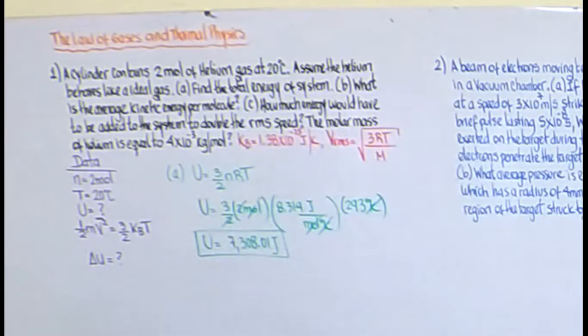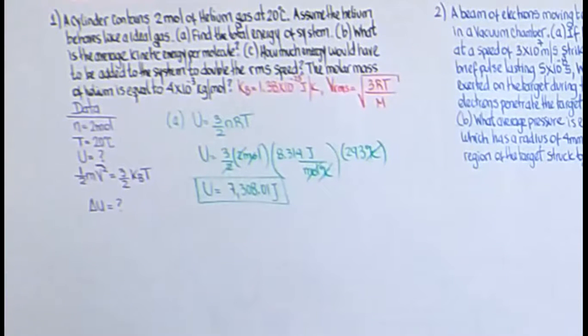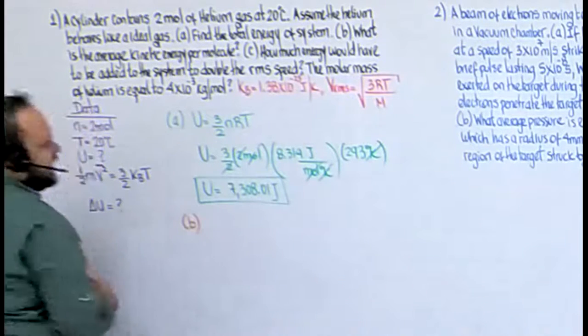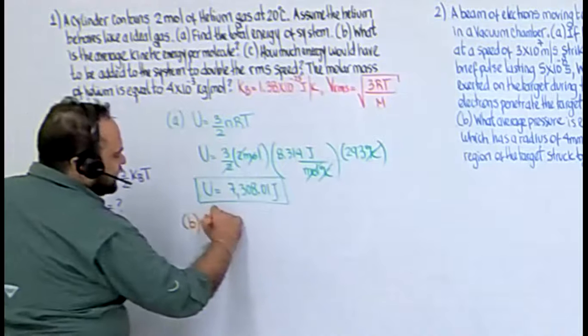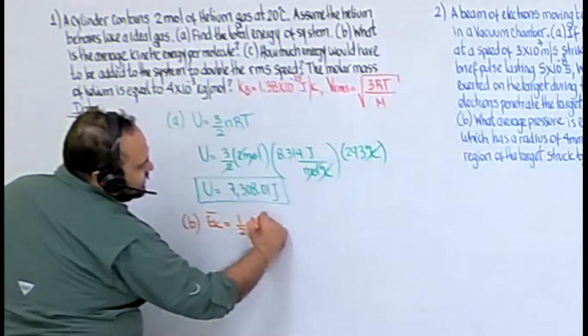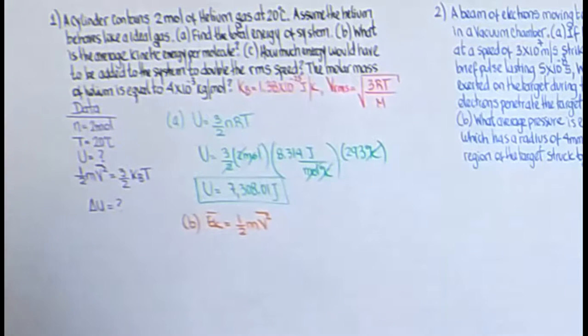Now, the second question is, what is the average kinetic energy per molecule? This is an interesting question because, just to explain, the average kinetic energy could be equal to 1/2 mass times the average velocity at the second power.